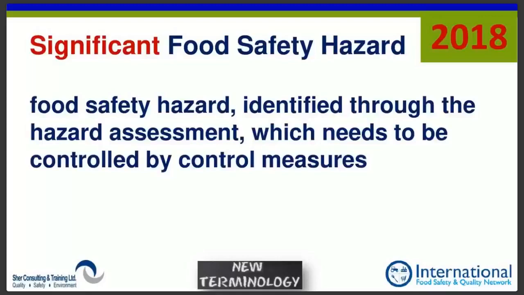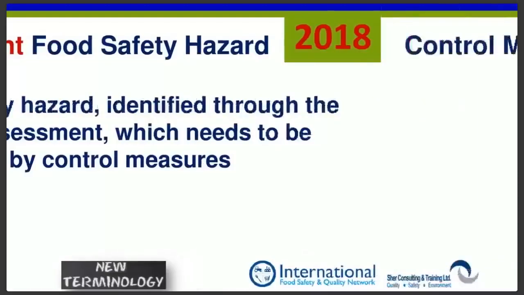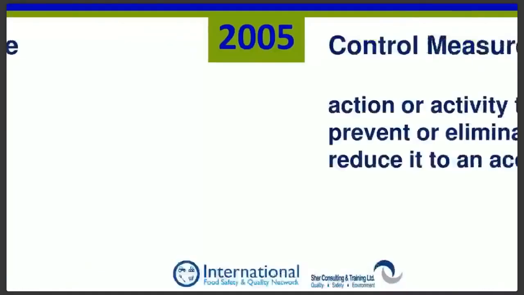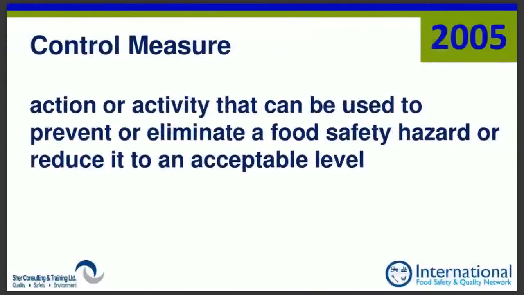The excitement here is in the use of the words control measures, because it now has a new meaning. So follow this carefully. A significant food safety hazard needs to be controlled by control measures. Remember that. We're going to talk about control measures in a second. So what is a control measure? Well, in 2005, a control measure was an action or activity that can be used to prevent or eliminate a food safety hazard or reduce it to an acceptable level.